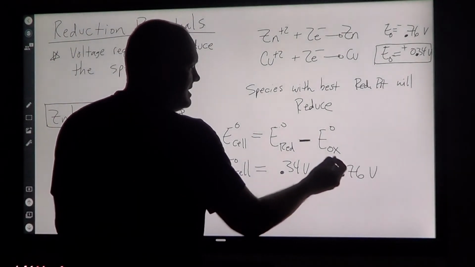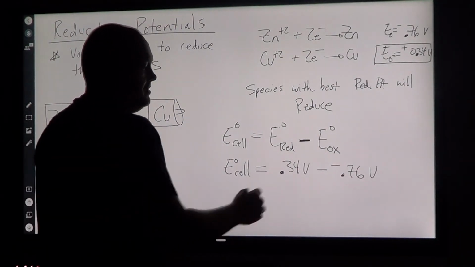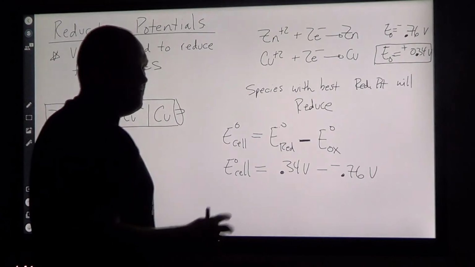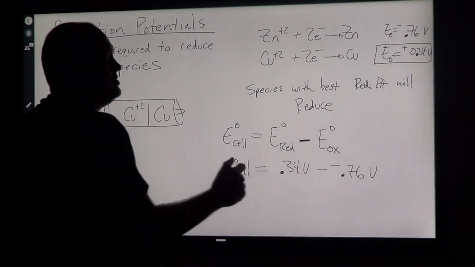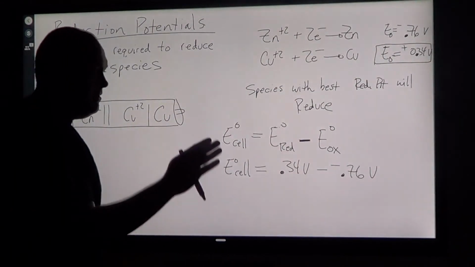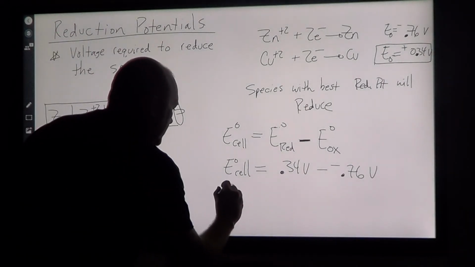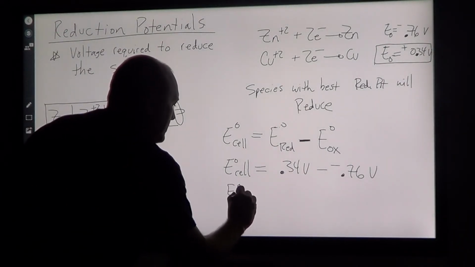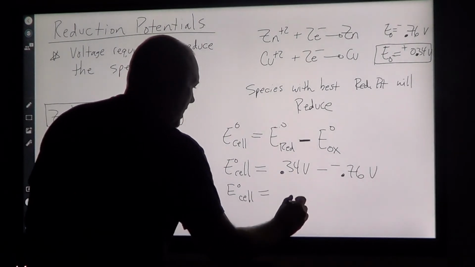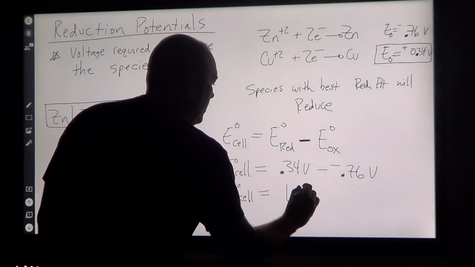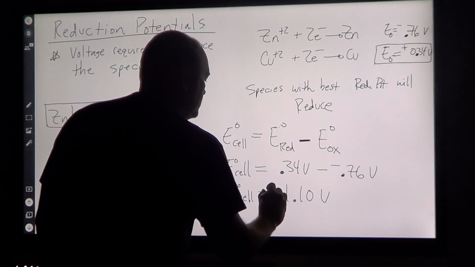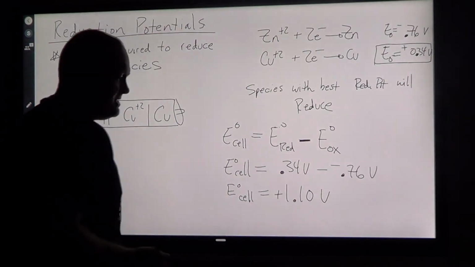When you subtract a negative, you see how this flips that sign for you, so you don't have to think about it. You just need to plug the two numbers from the table in. Okay? And so for this answer, our cell would generate 1.10 volts. And remember, notice how it's positive.